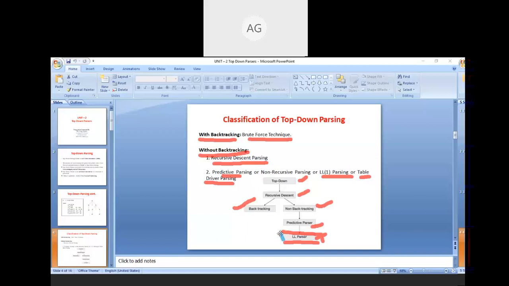The backtracking form is also called the brute force technique. So this is the classification of top-down parsing. Let us discuss each of these parsers one by one in the next slides.